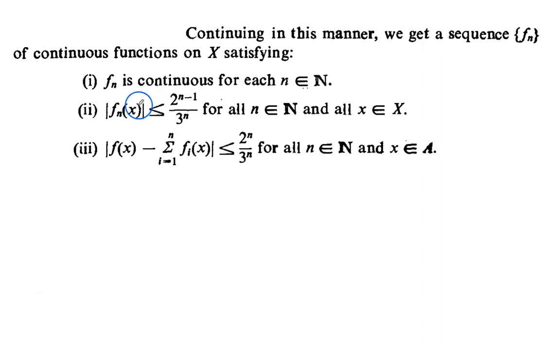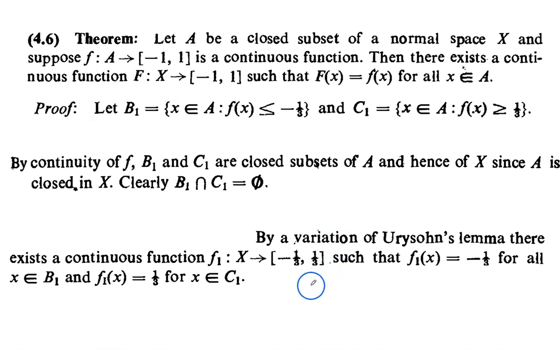First one, fn is continuous for each n element of N. Second property, modulus of fn of x is less than or equal to 2 raised to n minus 1 by 3 raised to n for all n element of N and for all x element of X. Here we can observe that modulus of f1 of x is less than or equal to 1 by 3, which can be expressed as 2 raised to 0 by 3 raised to 1.